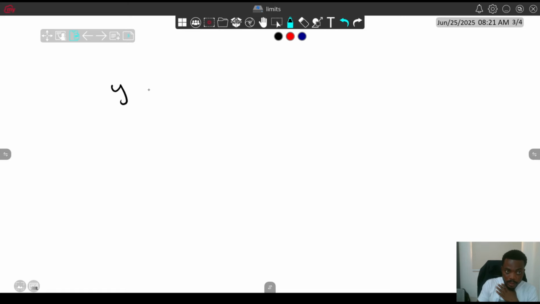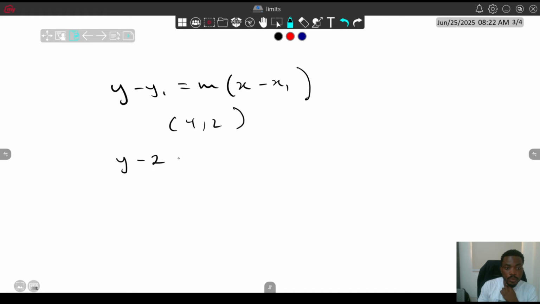So we use the point-slope form of the equation of a line. So we have y minus y1 equals m times the bracket x minus x1. Right, so we can use the point 4, 2, and then say that y minus 2... minus 4 equals 4, oh, no, this is 2, for x minus 2.